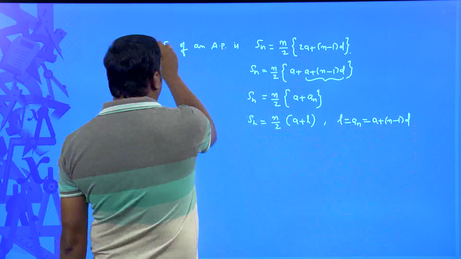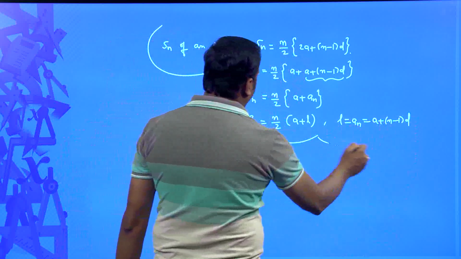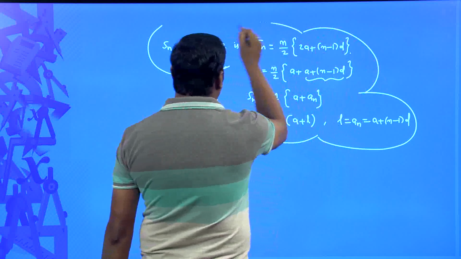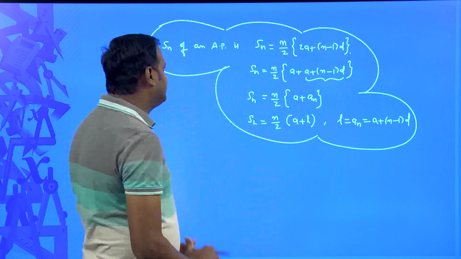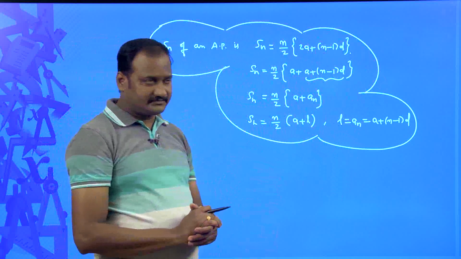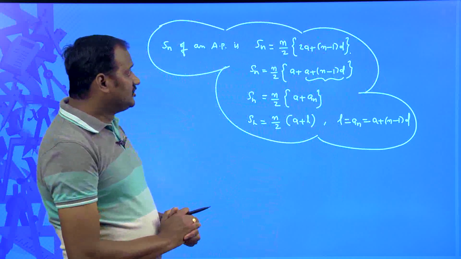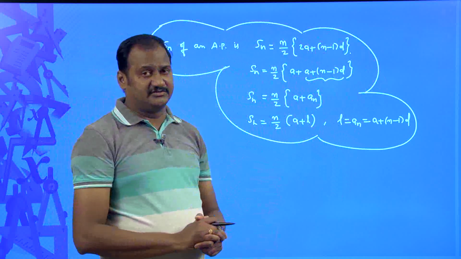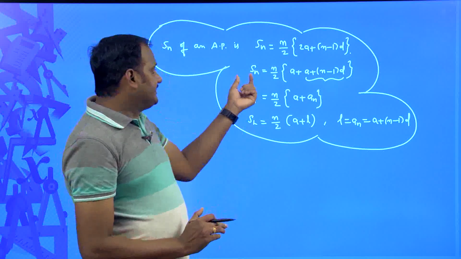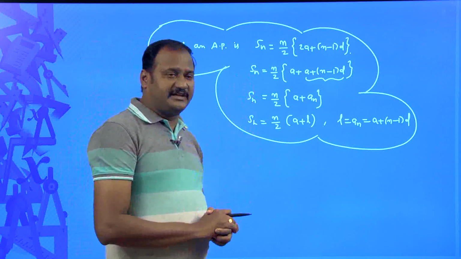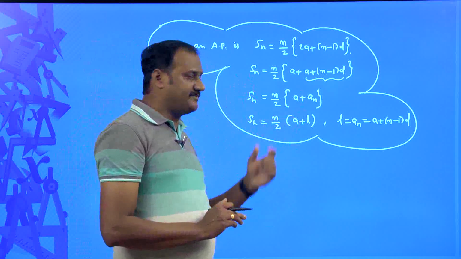This is about the sum to n terms of an arithmetic progression. So, the sum to n terms of an arithmetic progression is Sn is equal to n by 2 into 2a plus n minus 1 into d, or Sn is equal to n by 2 into a plus an or a plus l.